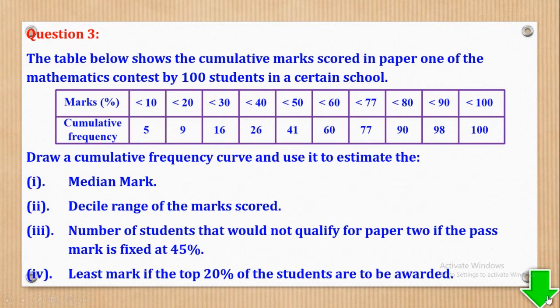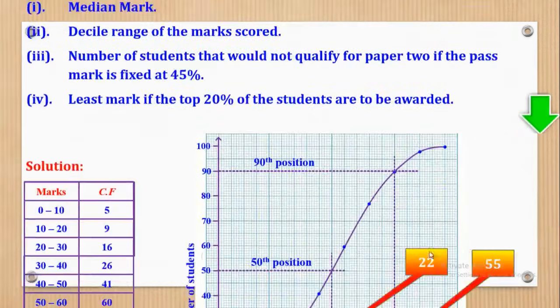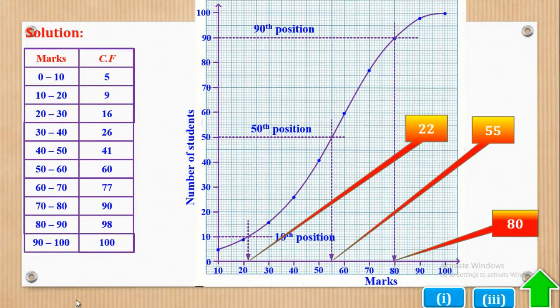we shall come to our OGIVE, and under the class boundaries which show the marks, we shall locate our 45. Locate 45 here and take a vertical line to meet the curve. Then take a horizontal line to meet the vertical axis, because this vertical axis is the one which has the number of students which they want.